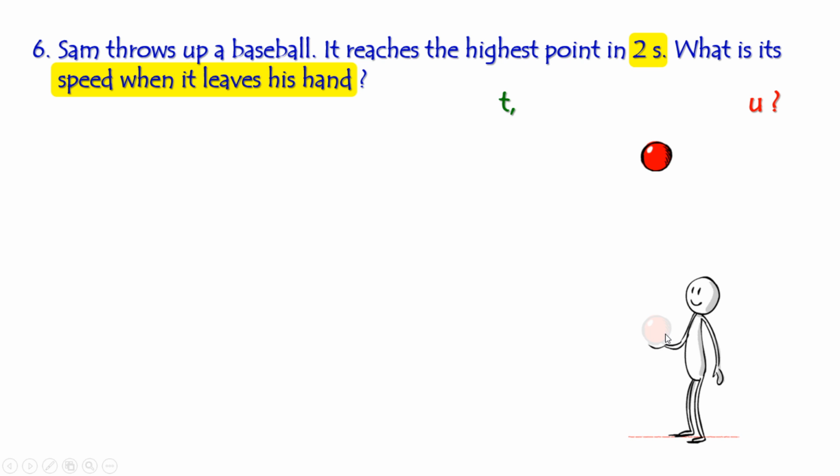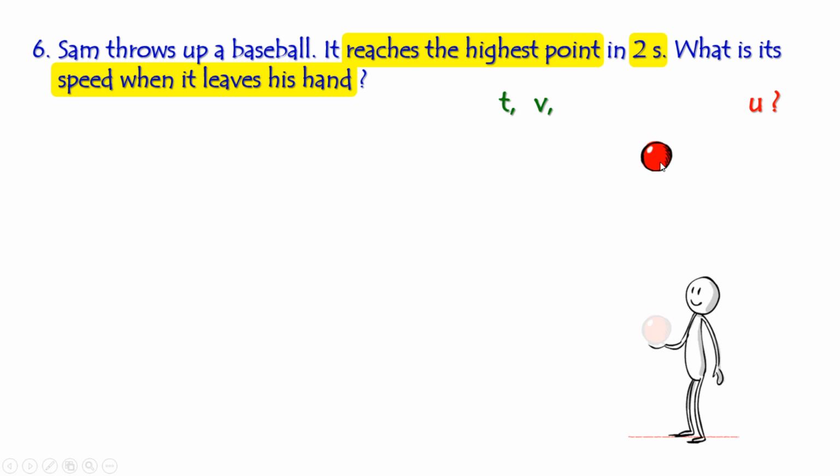And can you tell me what is the final speed of the ball? I'm going to find out the initial speed of the ball, but can you tell me the final speed of the ball? I have explained this one in the previous assignment. When the ball reaches the highest point, then its speed will be equal to 0. Why?